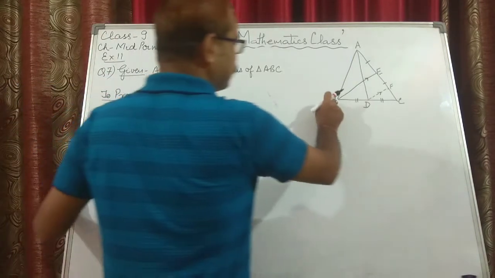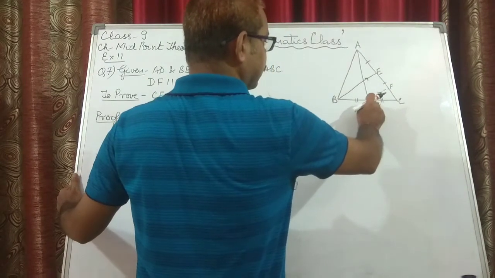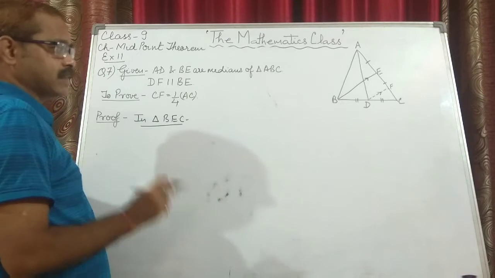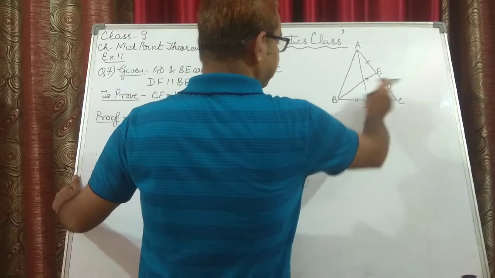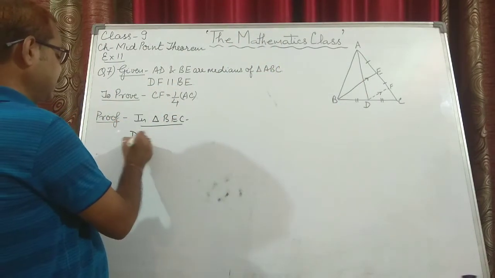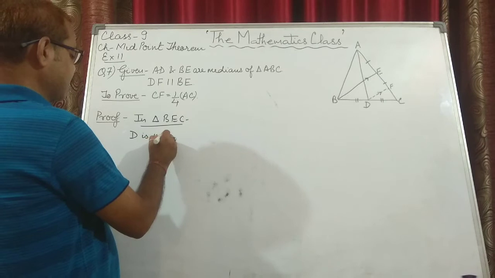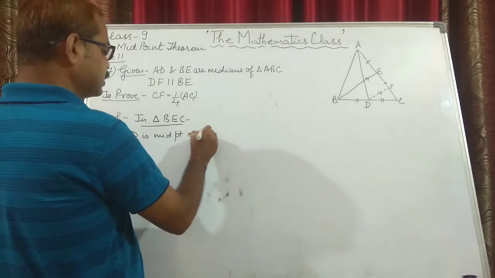If we look at triangle BEC, we can see that D is the midpoint of a side of the triangle, and it is given that DF is parallel to BE. So it is given that D is the midpoint of BC.